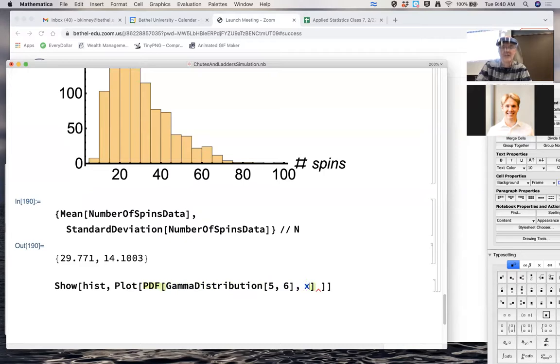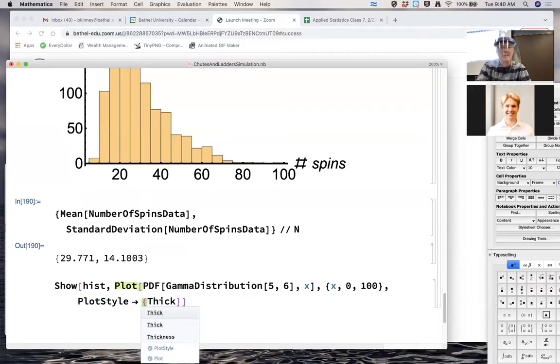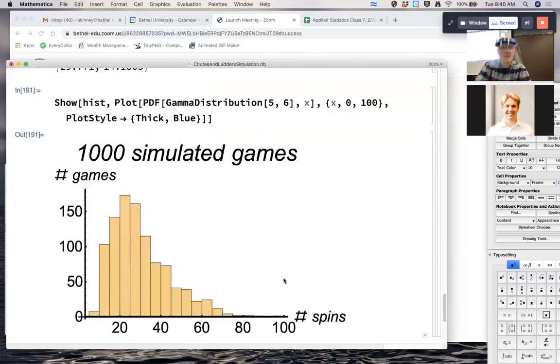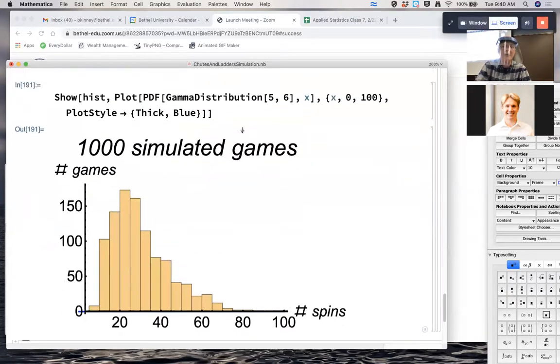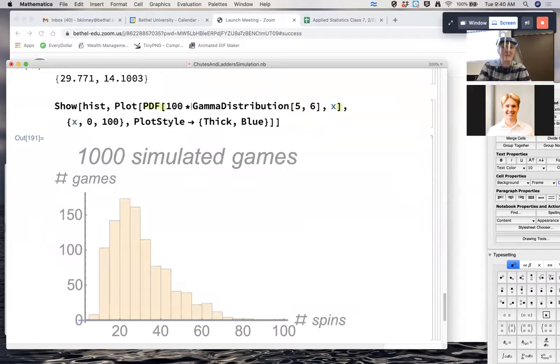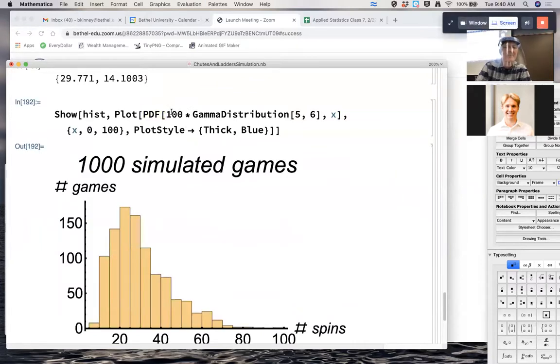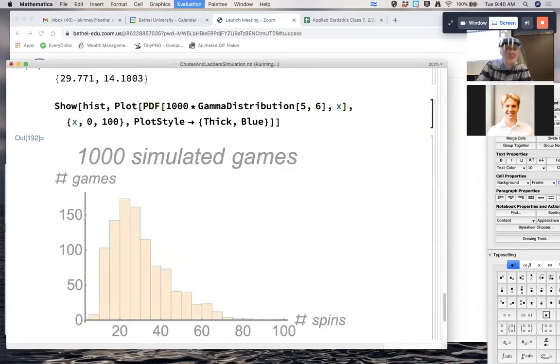This is a function of x, say x going from 0 to 100 in this graph here. Let's make it easy to see by doing PlotStyle, say thick blue or something. We won't see it because it's going to be too low. But maybe if I multiply it by 100 or something, maybe that'll be enough to see it. Or maybe, okay, let's try 1,000.